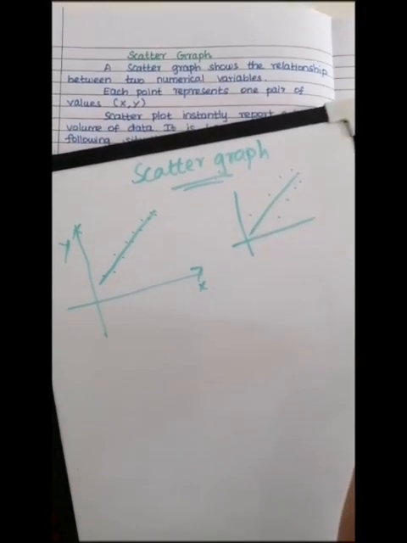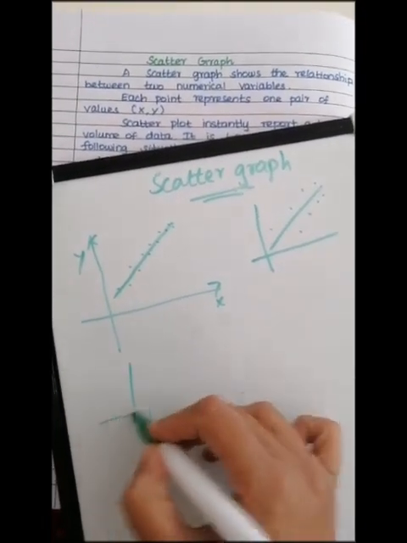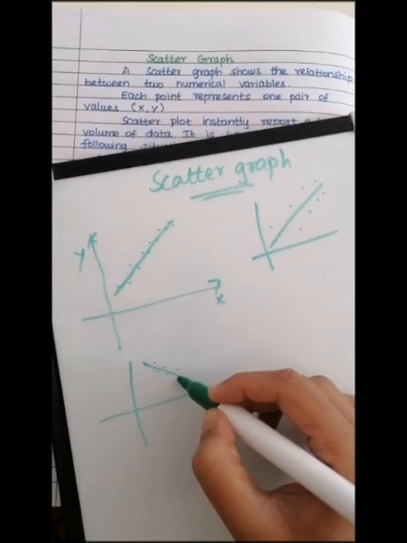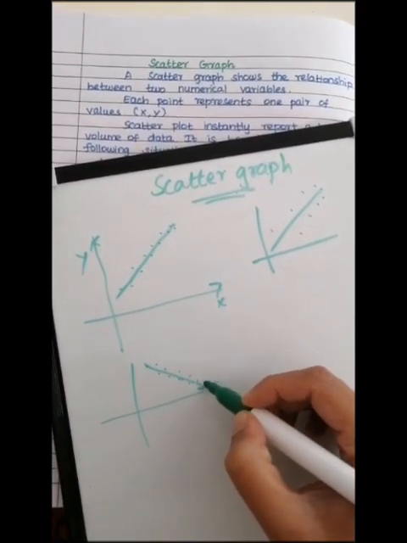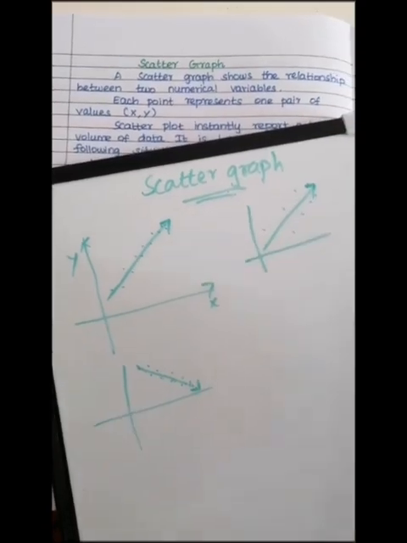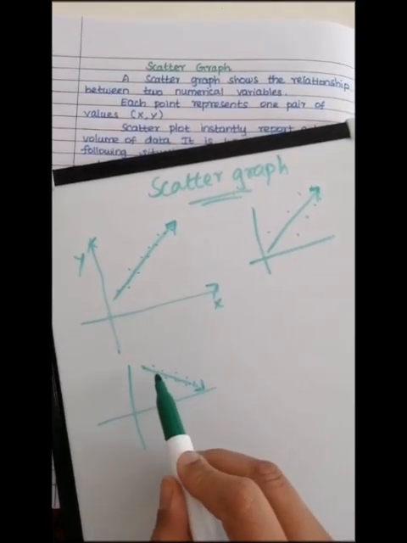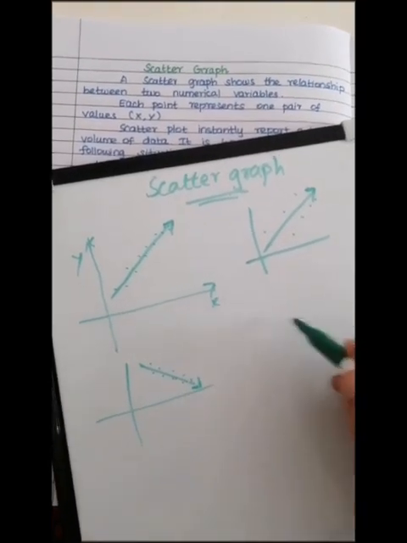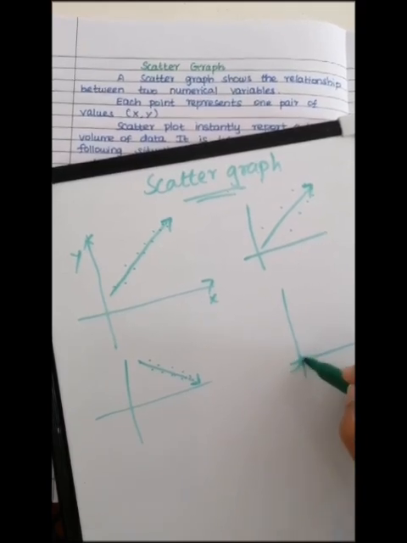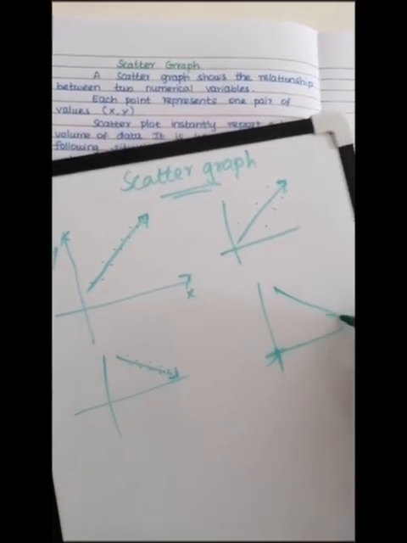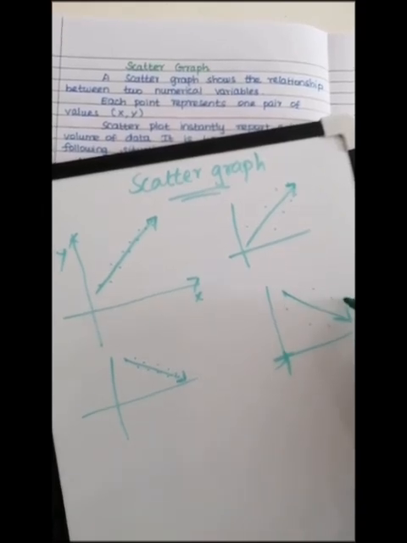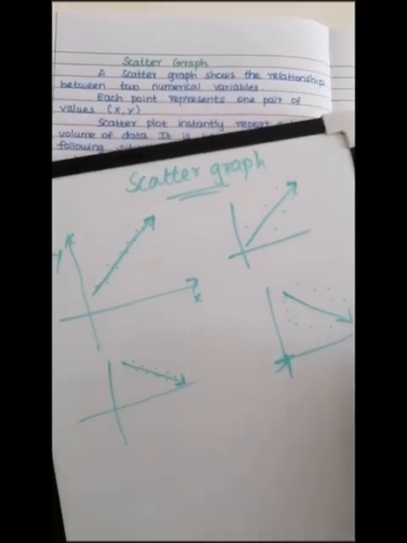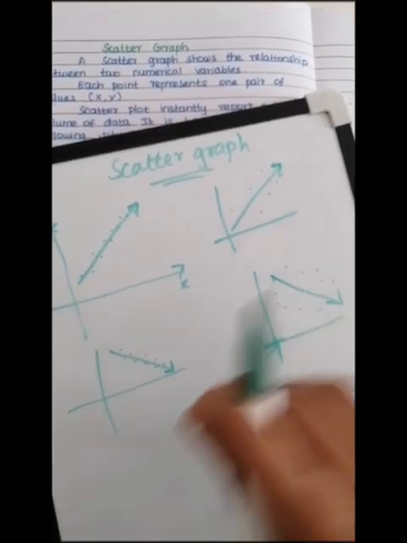When the line is coming down and the dots are near the line, this is a strong negative correlation. Similarly, when the dots fall close to the line, it is a strong negative correlation.